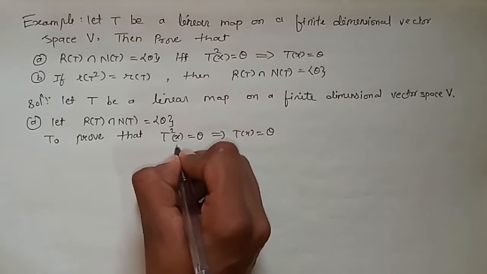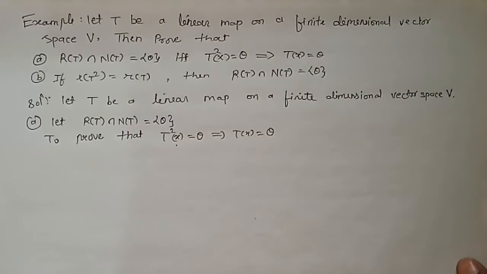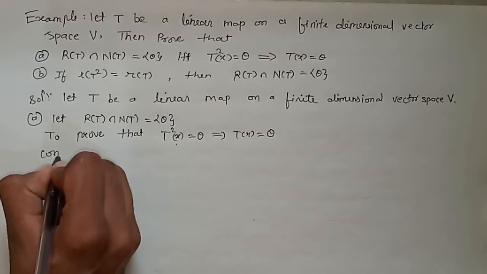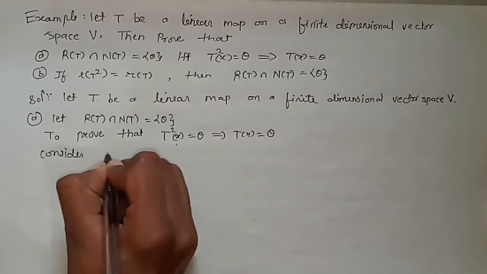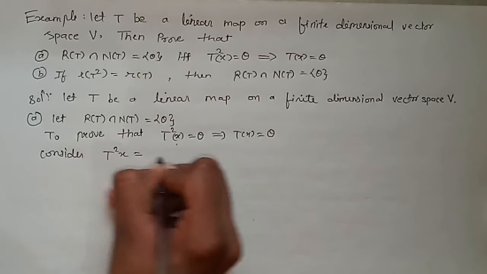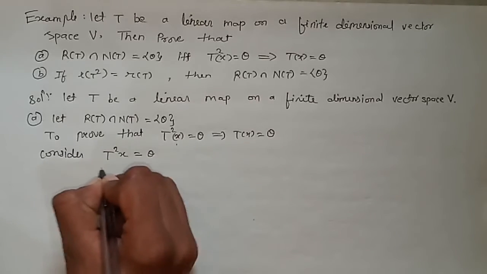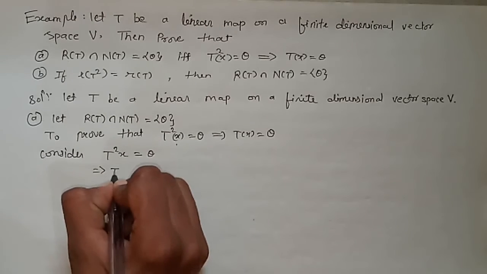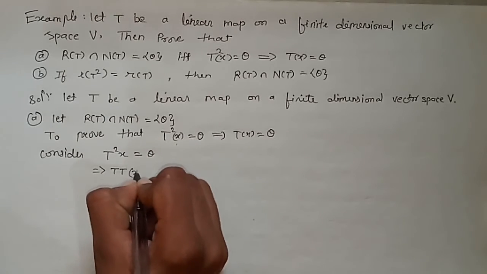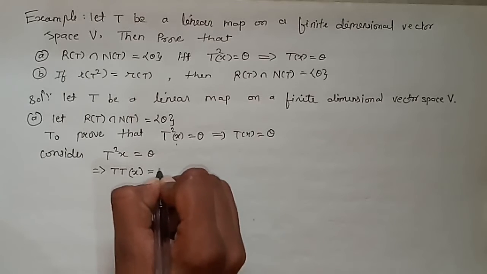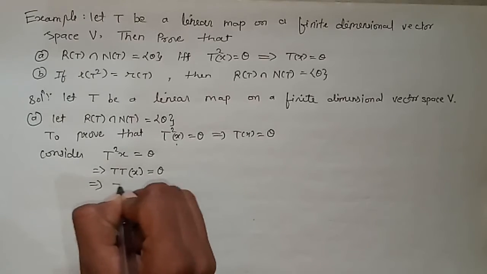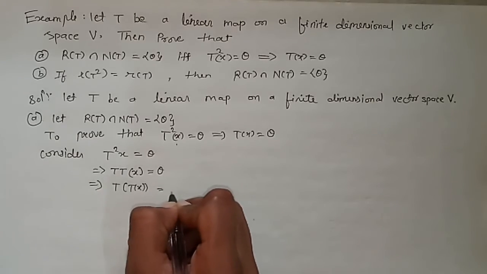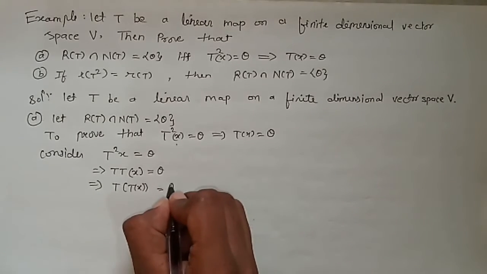Now if we consider this, then we will prove this. So consider T square x is equal to theta. Again, T square x is equal to theta, so I can write composition of T and T is equal to theta. This can be written as composition of T of Tx is equal to theta.